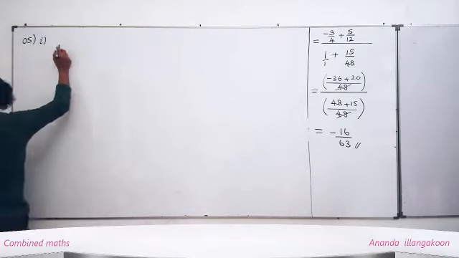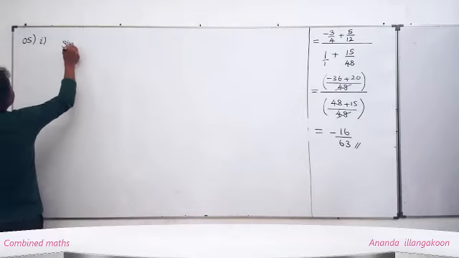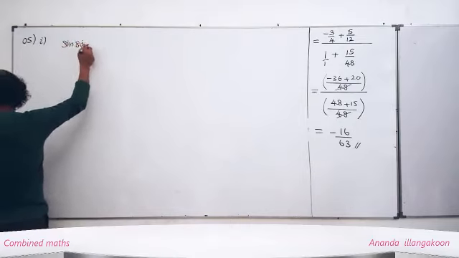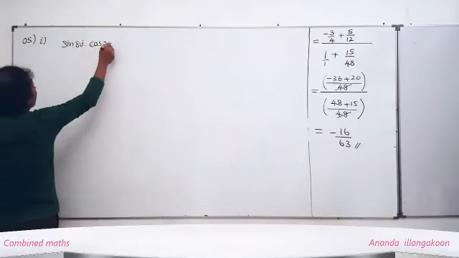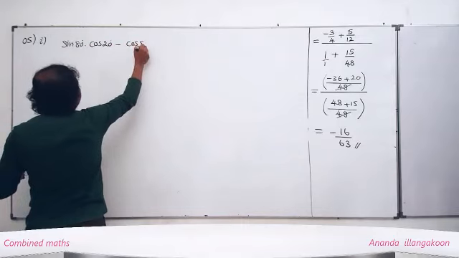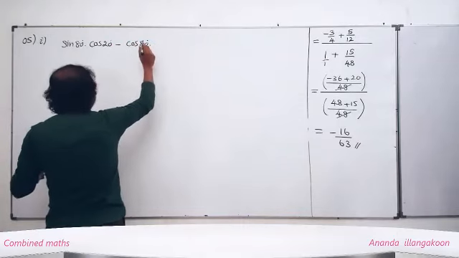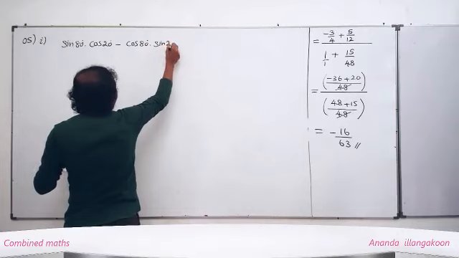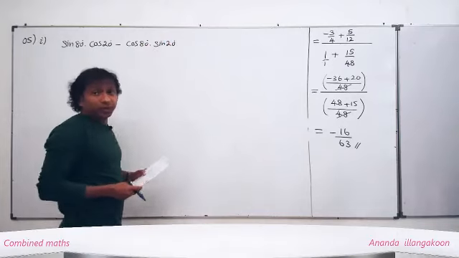Right here, we are given sine 80 cos 20 minus cos 80 sine 20. We have to prove this is equal to root 3 by 2.